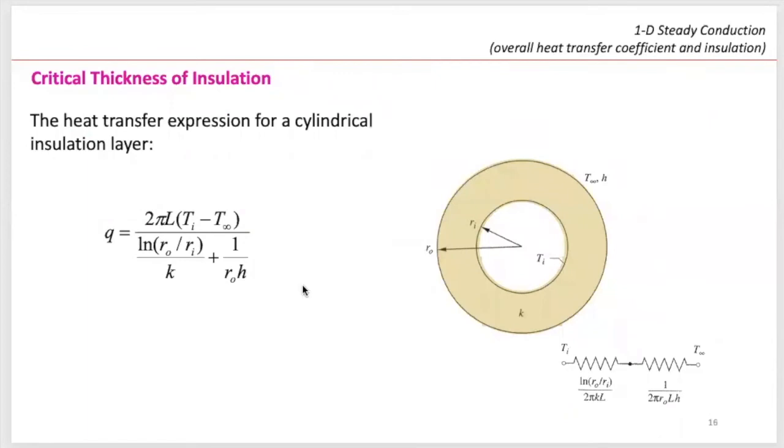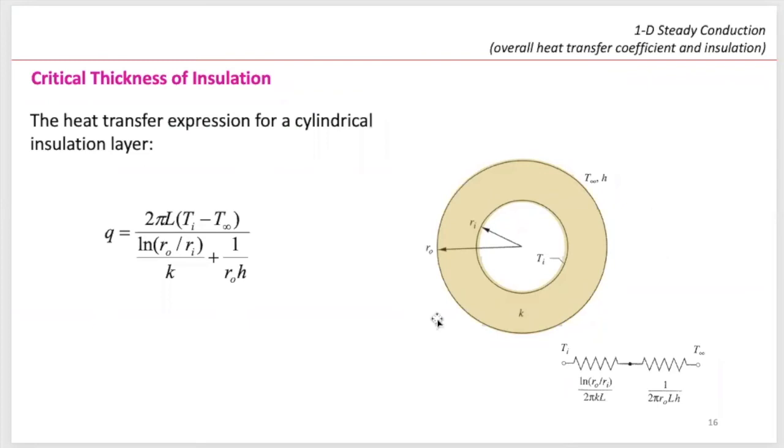And we defined it here in this slide. So we will have one resistance due to the insulation plus the one through the surroundings, because we have the formation of the boundary layer, right?